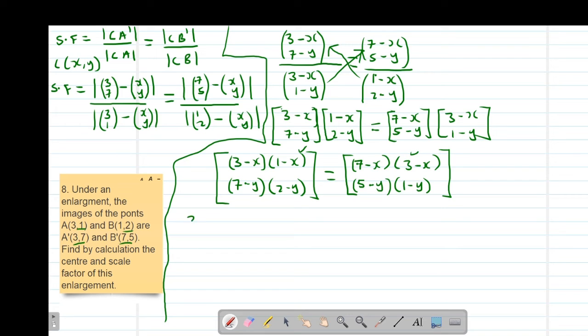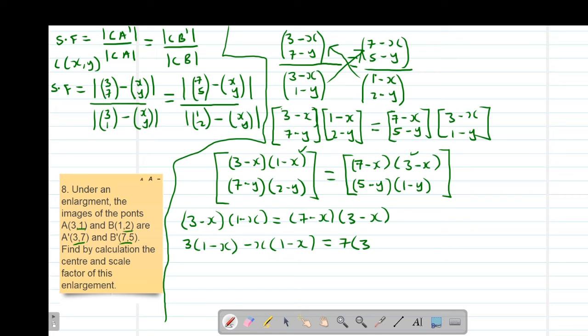So this one means that 3 minus x multiplied by 1 minus x should give you 7 minus x, then multiplied with 3 minus x. So if I expand, this will be 3 into 1 minus x, then minus x into 1 minus x, which should be equal to 7 into 3 minus x, then minus x into 3 minus x.